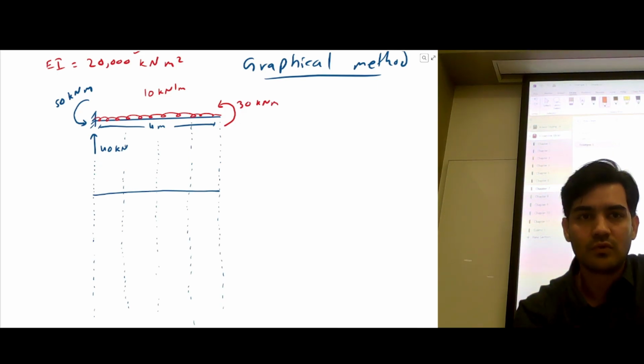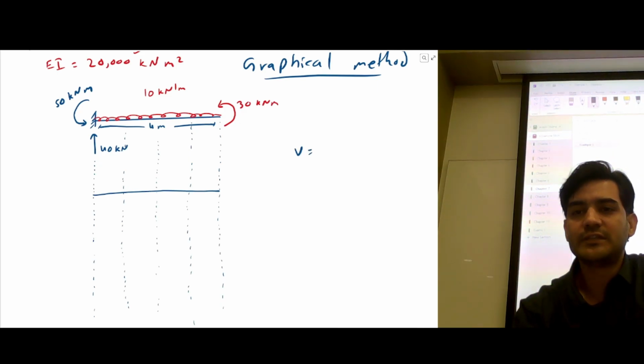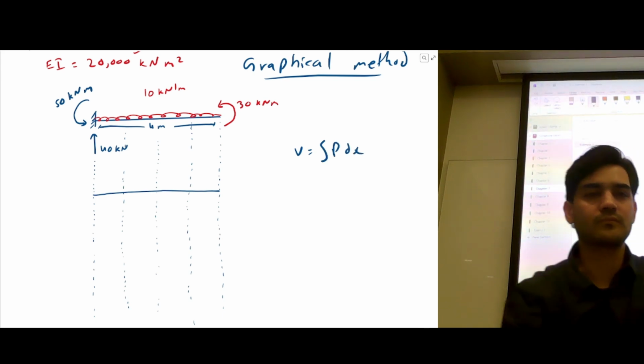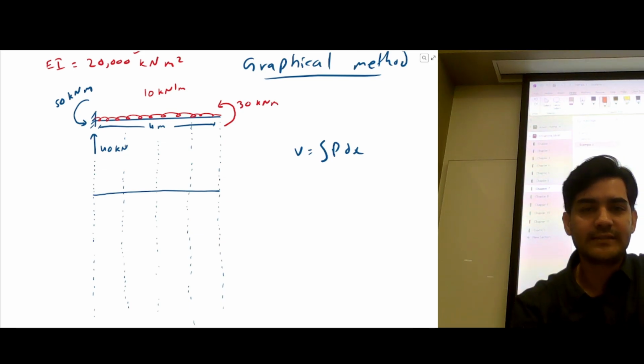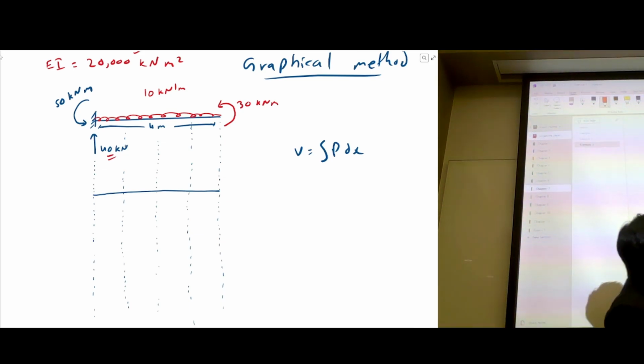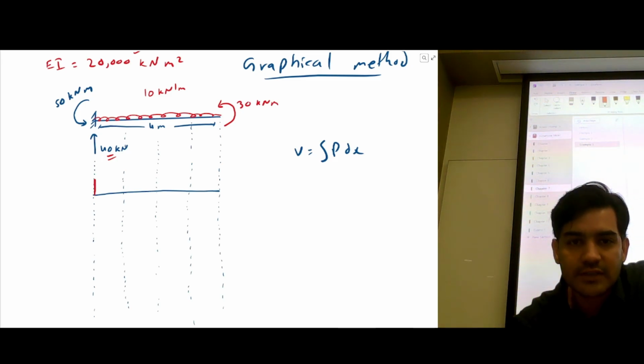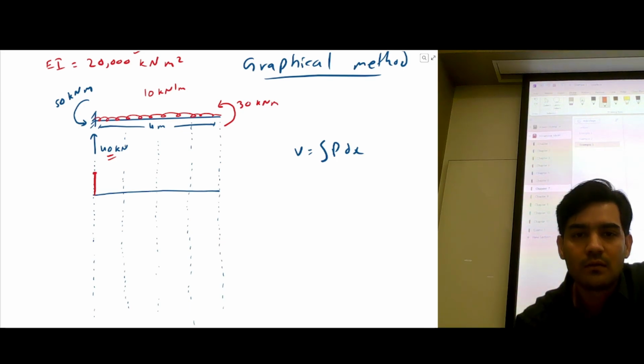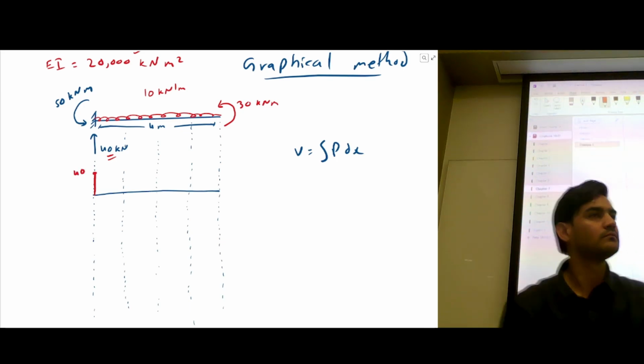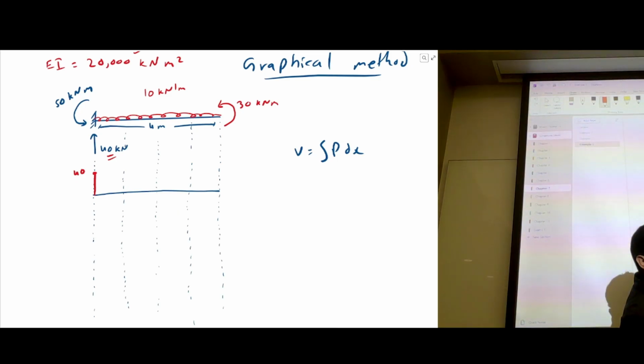We know that shear force is basically the integration of the load, right? So this is 40. First reaction is 40, which is upward. So shear force value is also this same 40. Whatever the reaction load is, if it's going up, shear force is 40 positive.